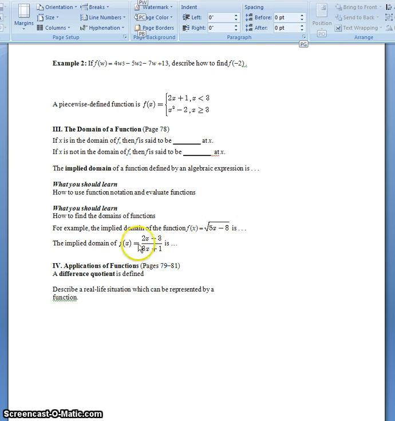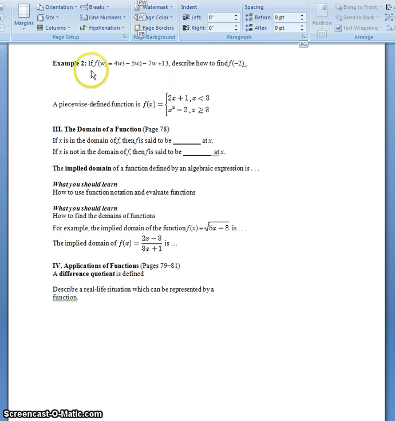In this situation where we have a fraction and where the danger part is the denominator, we want to be sure that the denominator is not equal to 0. So 3x plus 1 cannot equal 0, which implies that x cannot equal negative 1/3. In general, a lot of the functions that you're going to see will be like this one in example 2, a polynomial.